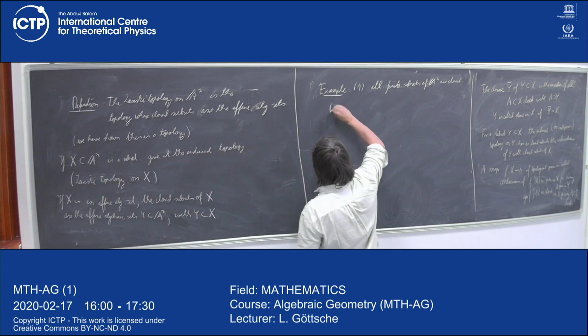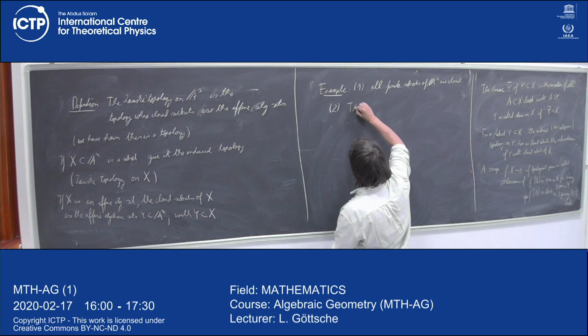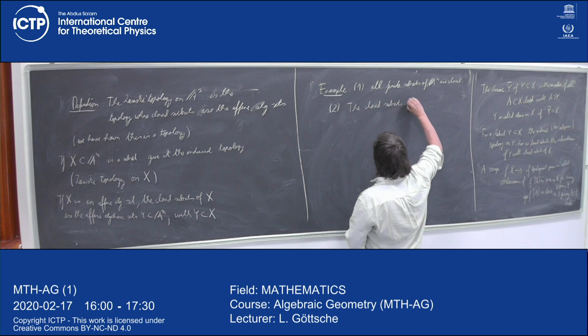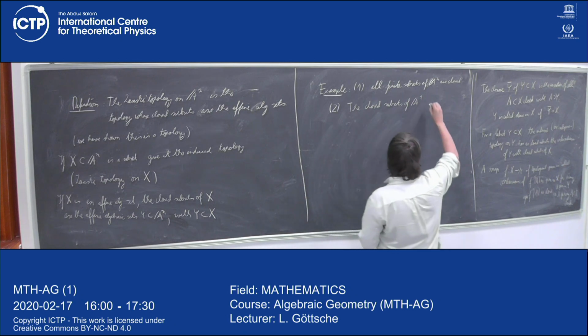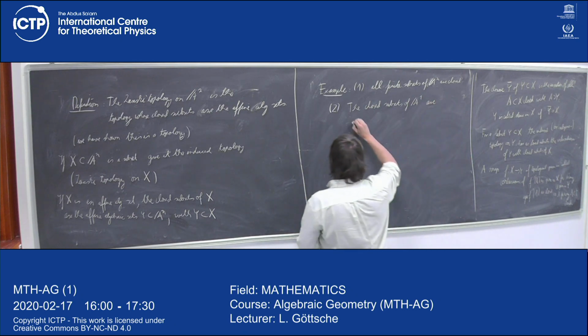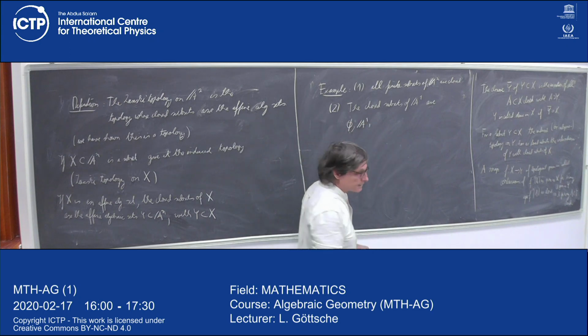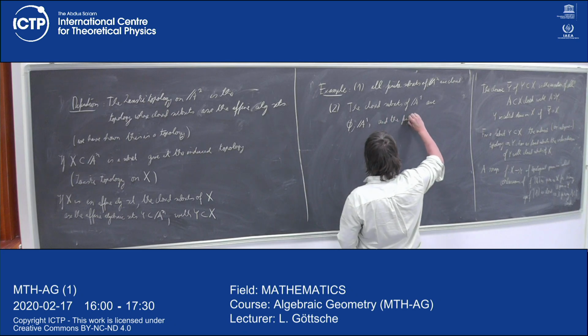But on the other hand, if we just look at A1, the closed subsets of A1 are basically just the empty set, A1, and the finite subsets.